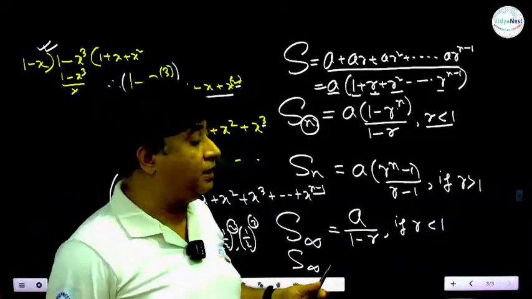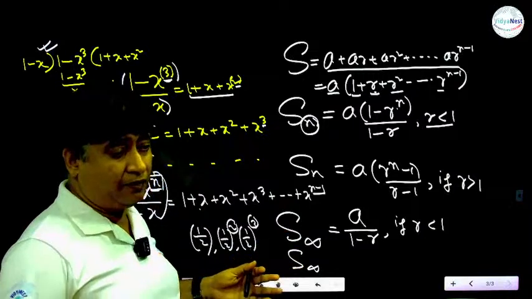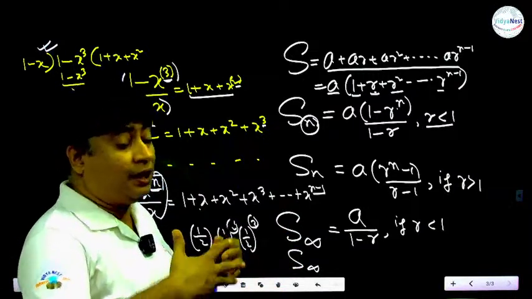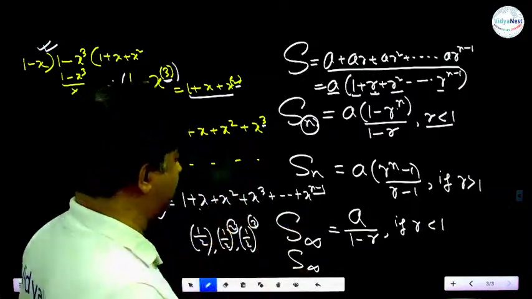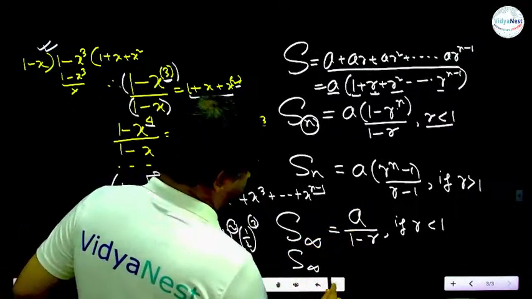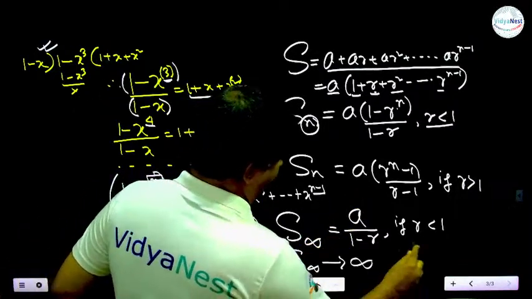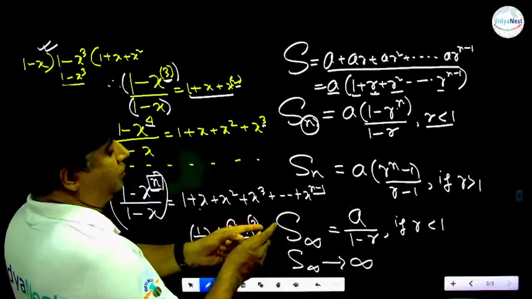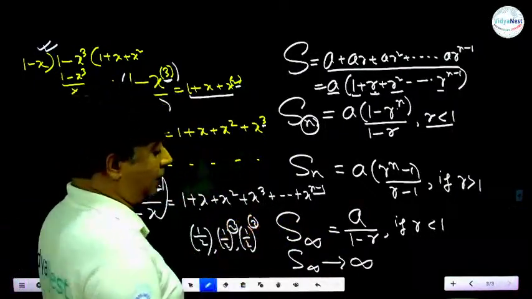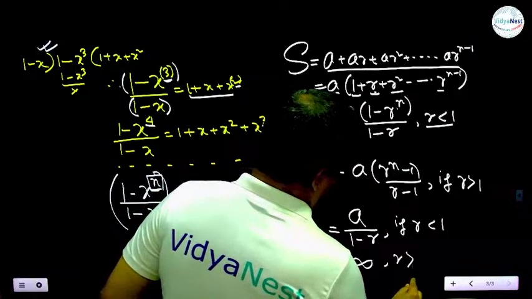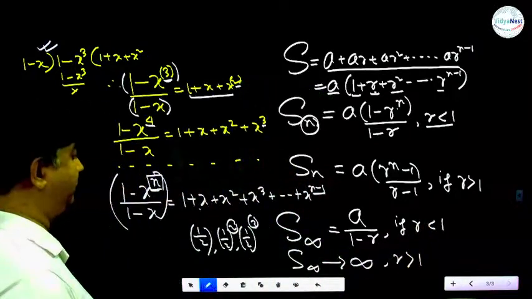Number is being increased, and the magnitude of number will be large and goes to infinity. The whole thing will become infinity. It cannot be terminated to a finite value. अगर r greater than 1 हो जाए, इसका कोई टर्मिनेटेड वैल्यू नहीं आएगा.